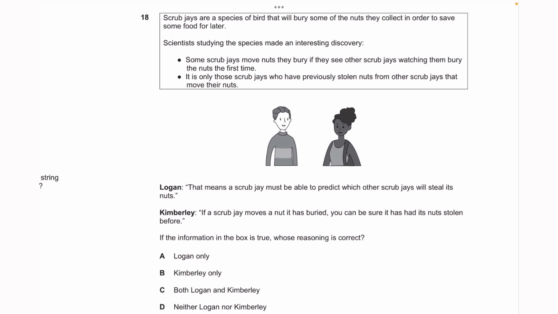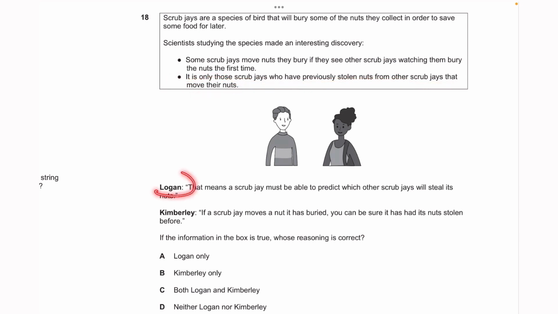So question 18 says this: scrub jays are a series of birds that will bury some of the nuts they collect in order to save some food for later. Now, scientists studying the species made an interesting discovery that, number one, some scrub jays move nuts they bury if they see other scrub jays watching them bury the nuts the first time. And number two, it is only those scrub jays who have previously stolen nuts from other scrub jays that move their nuts.